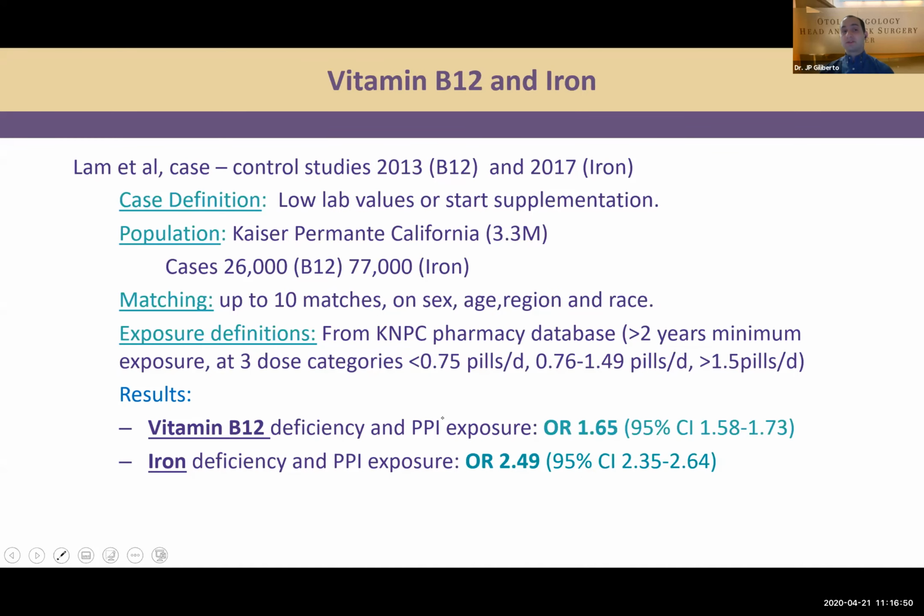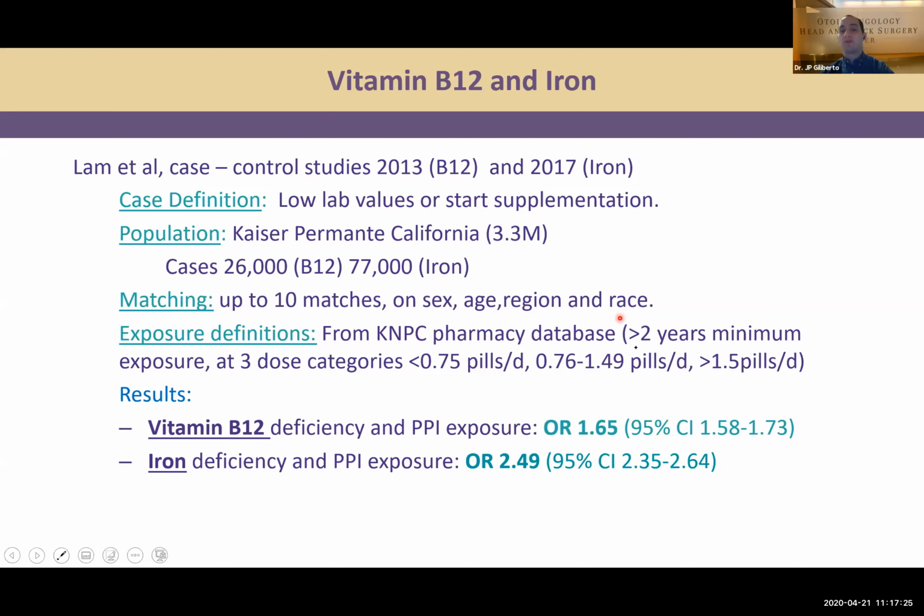There are a number of case control studies from the Kaiser Permanente group in California that look at huge databases of their patients to assess for exposure that happens before they have a lab which shows that they have a vitamin B12 or iron deficiency. I pooled these results together, although they were not from the same study, but you can see that they have similar results, with an odds ratio of 1.65 and 2.49 for B12 and iron respectively.